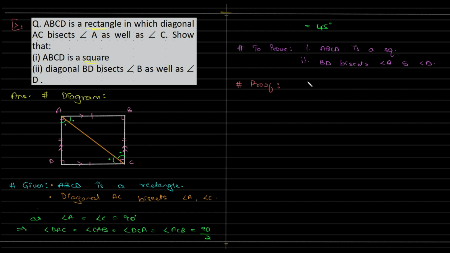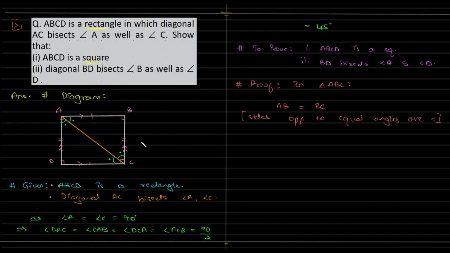Are you able to figure it out? How? In triangle, say ABC, AB is equal to BC. Reason? Sides opposite to equal angles are equal. So we are done.